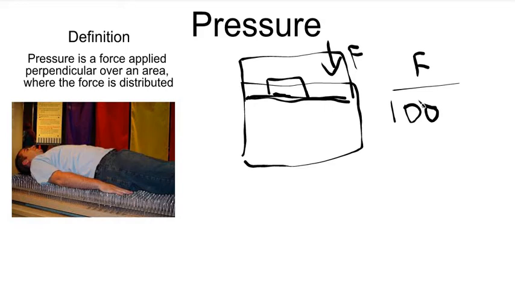That's just an estimate. I'm dividing by 100 because if there's 100 times more area, then it'd be 100 multiplied by A, which is the area of one nail.